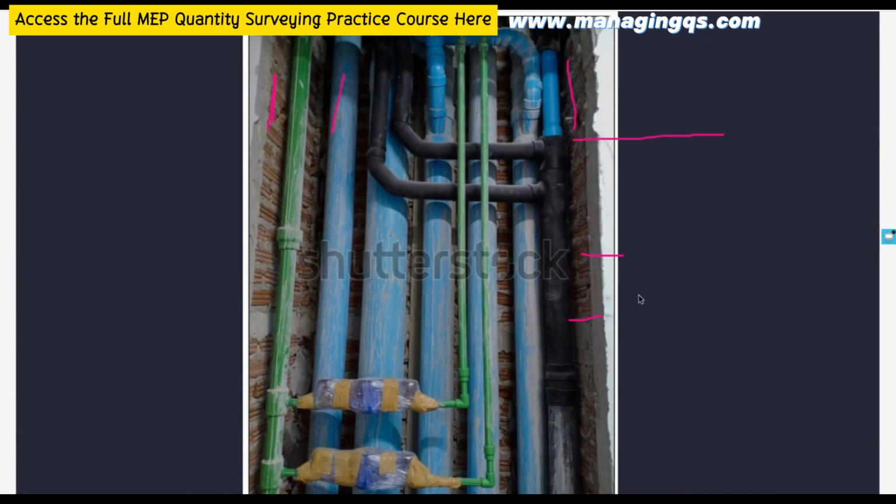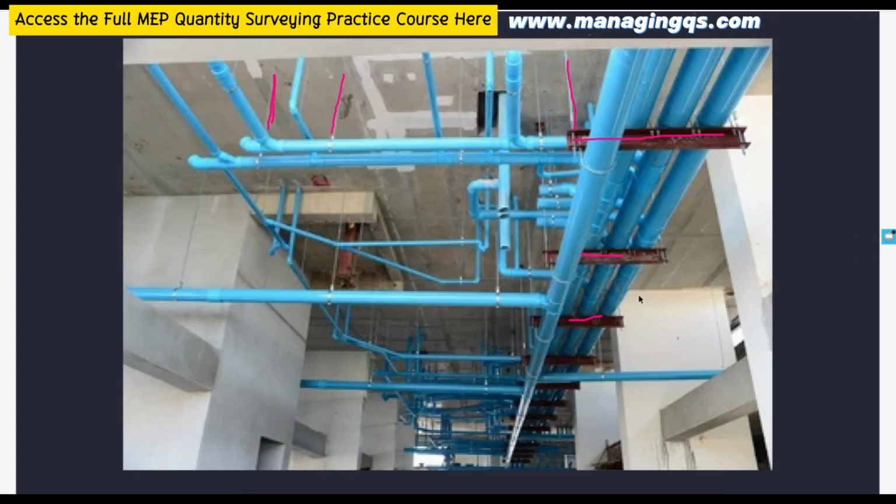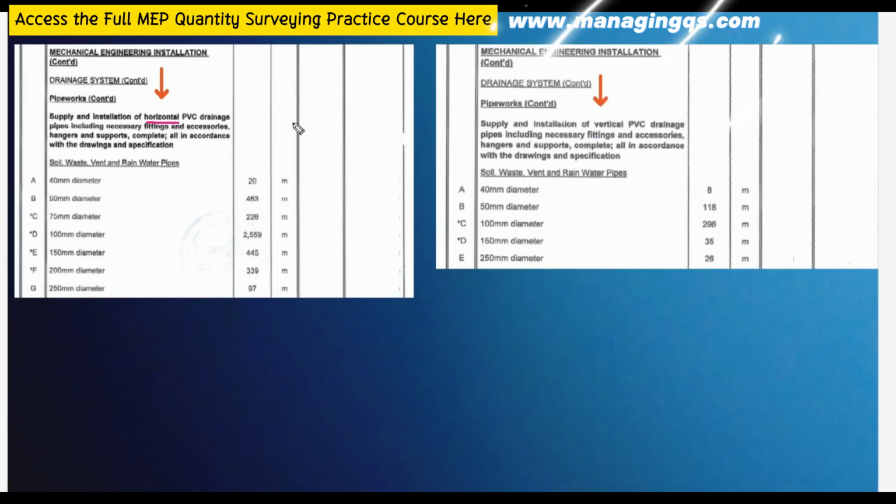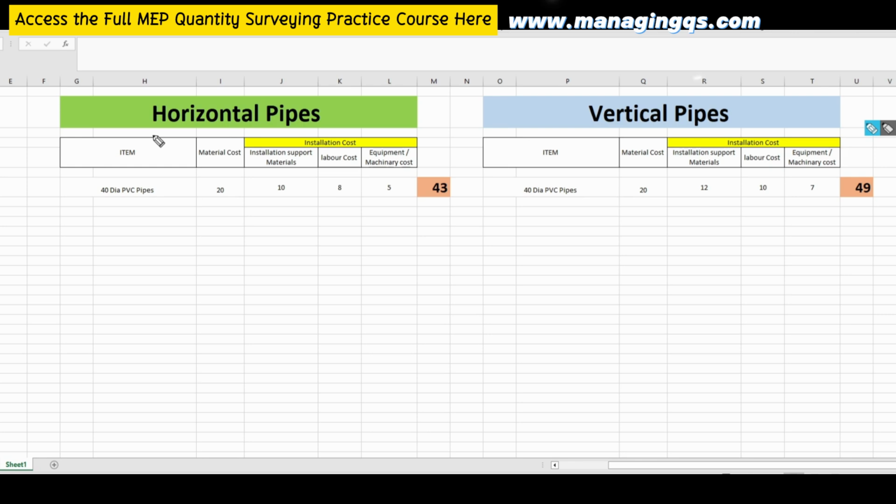So that's why we have to calculate these two pipes, the vertical and horizontal pipes, separately, because in the rate analysis you can see here that for the horizontal and vertical system we use 40 diameter PVC pipe. So the material and diameter are all the same, but in the rate analysis we take two different rate analyses: the horizontal pipe 40 diameter rate analysis and the vertical pipe 40 diameter rate analysis.